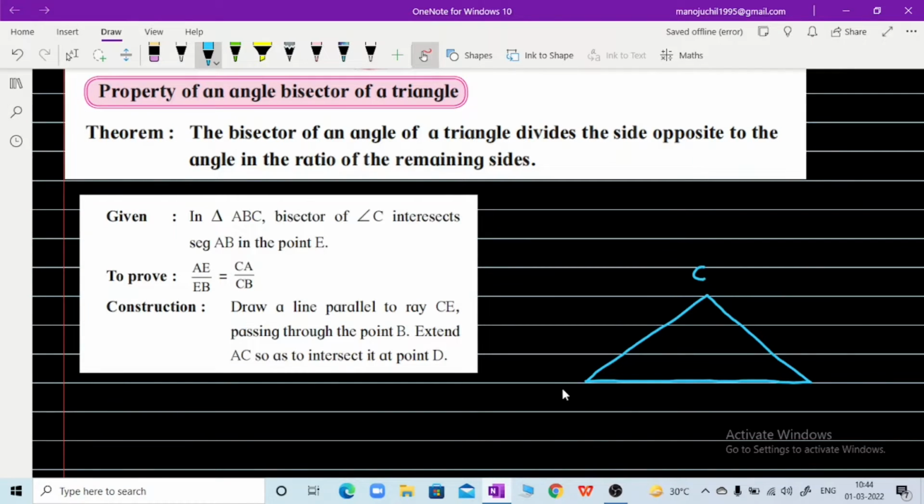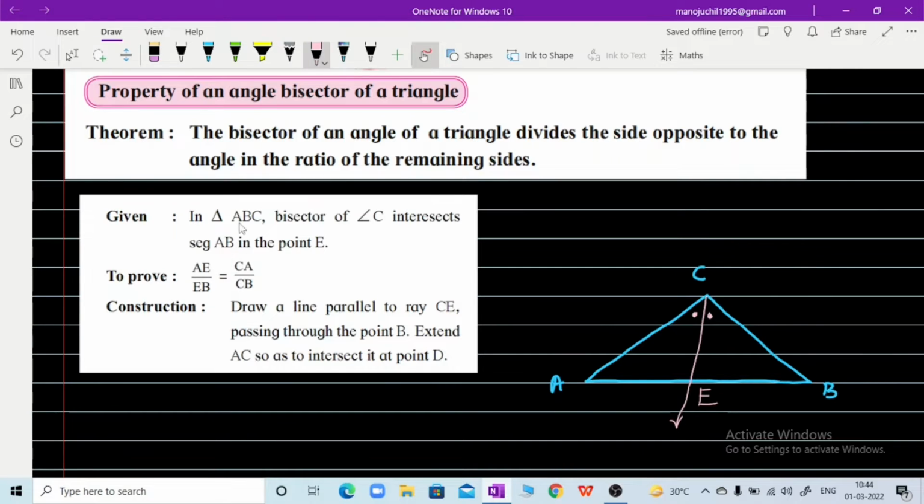This is C. This part is A and B. We have a bisector of angle C. So this is the bisector of angle C in triangle ABC. It intersects AB at point E.